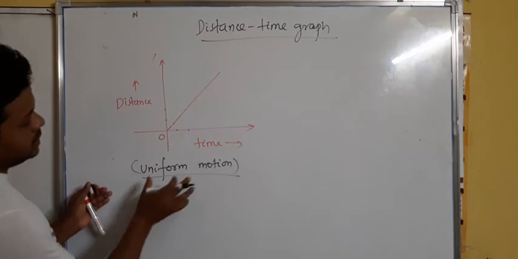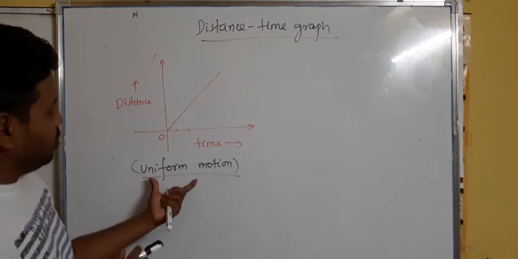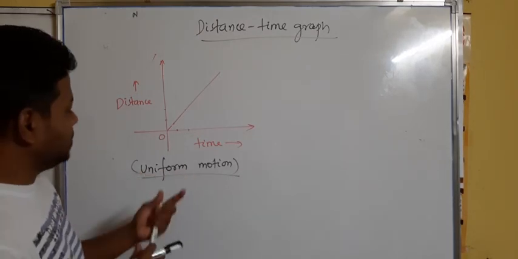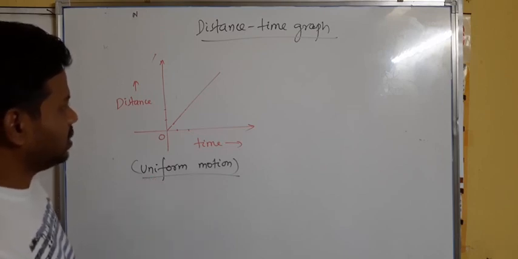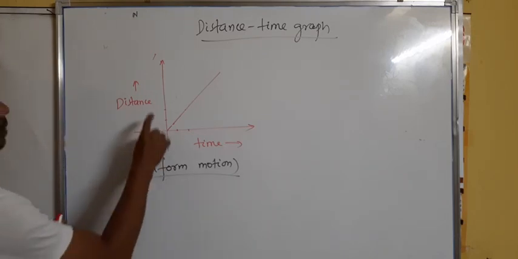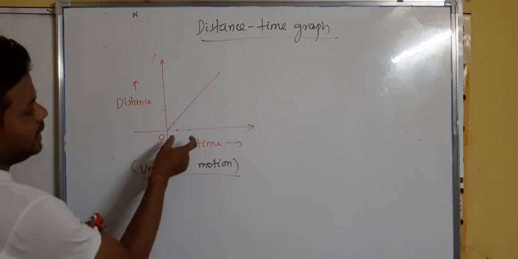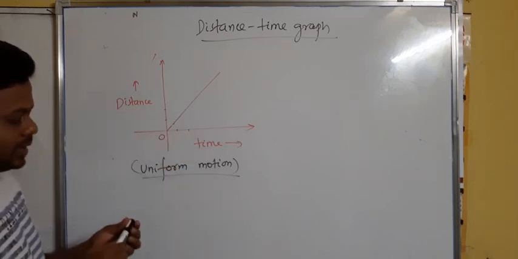It means an object is in uniform motion. An object is said to be in uniform motion if it covers equal distances in equal intervals of time.